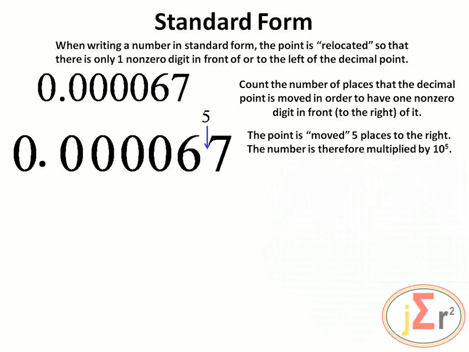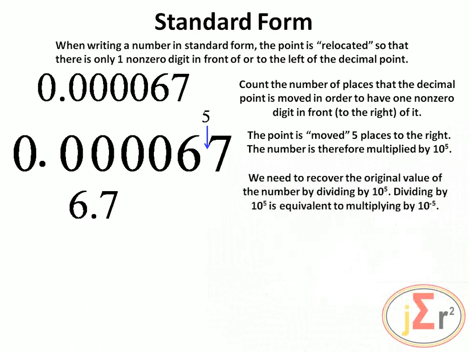The point is moved 5 places to the right. The number is therefore multiplied by 10 to the 5, or 10 to the power of 5. So that is what we have. We need to recover the original value of the number by dividing by 10 to the power of 5.